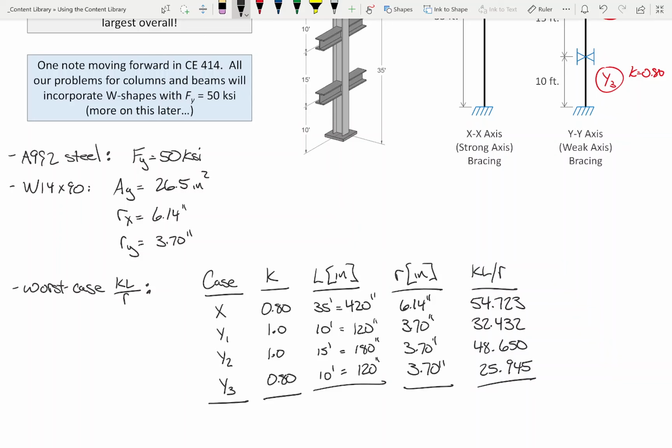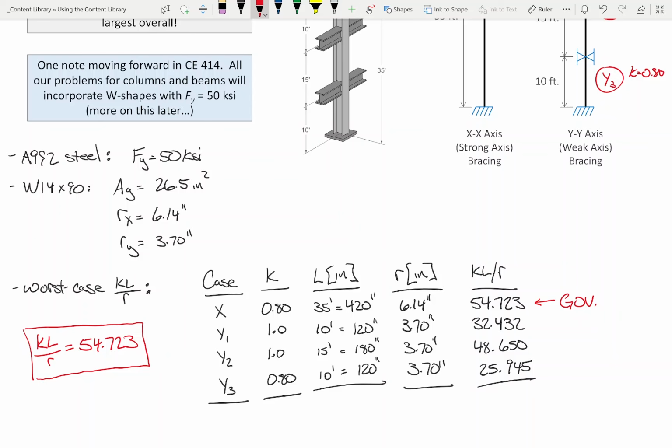If I'm doing this problem, trying to determine the capacity of the column, which value do I use? The 54.723. So KL over R is that. Okay, is that okay? Everybody all right with that?